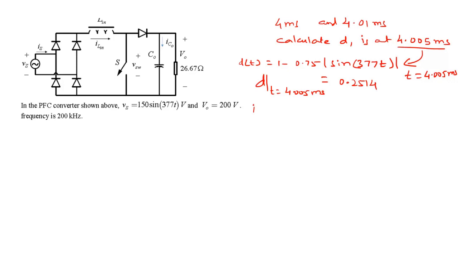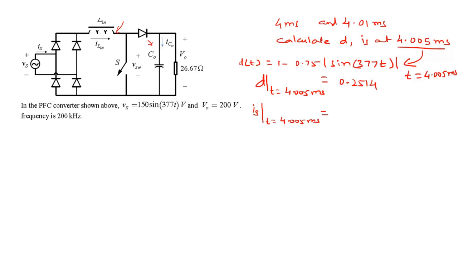The second one, to draw both the inductor current waveform as well as the capacitor current waveform, we need to know what this input current is, because the inductor current is really the input current but rectified. So Is of t at, again, t equals 4.005 millisecond.